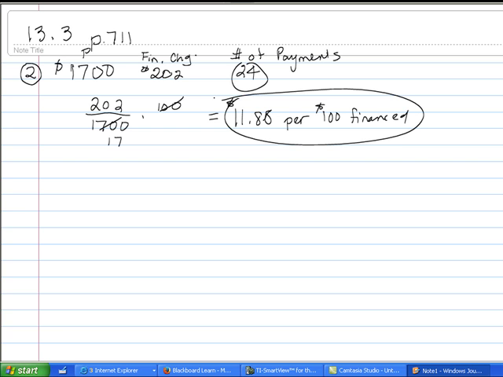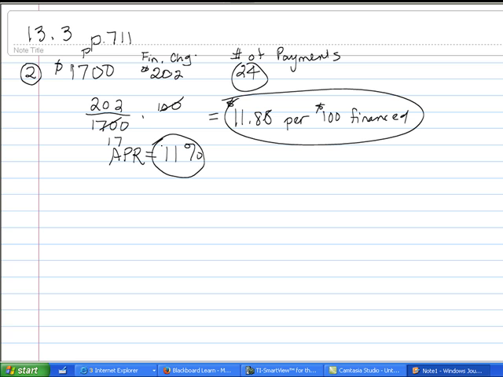So I'm looking at 11%, which would be a rough estimate of the APR. Notice I didn't find exactly 11.88 in the table, but I get as close to it as I can. Okay, so that's finding the APR.